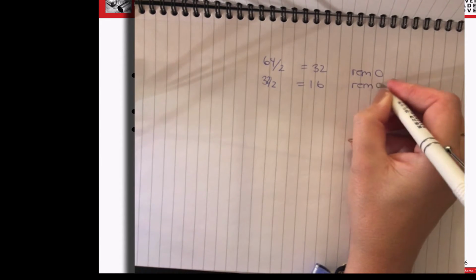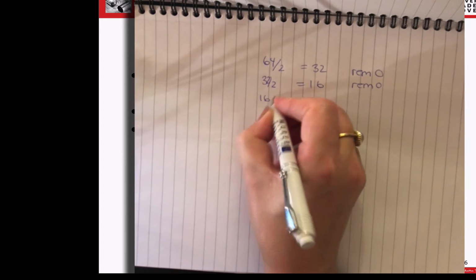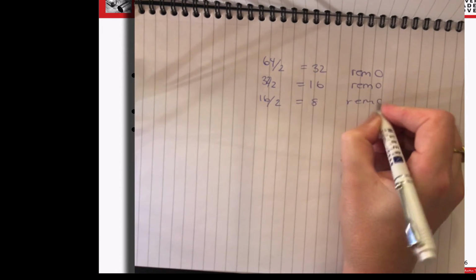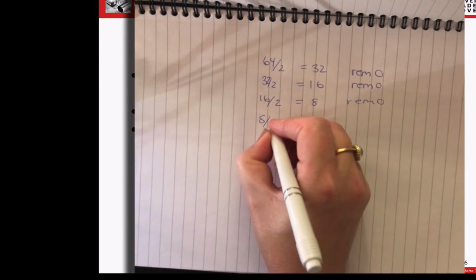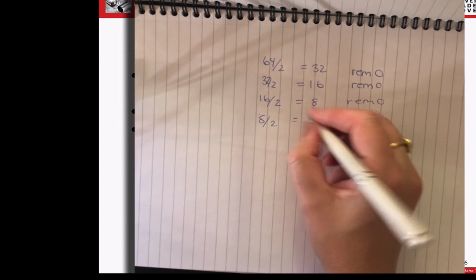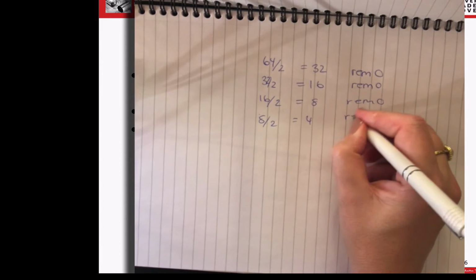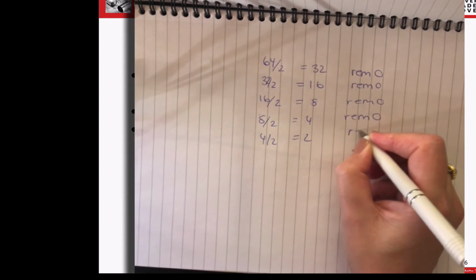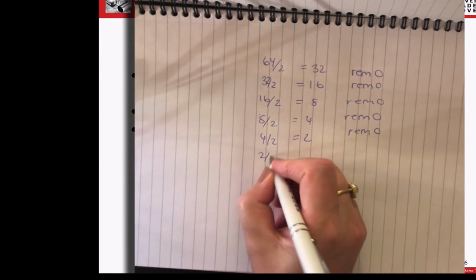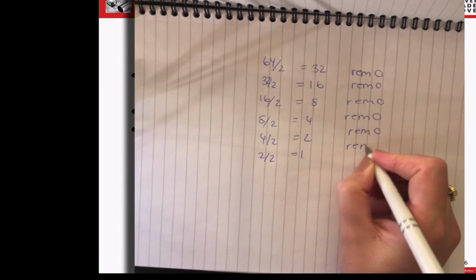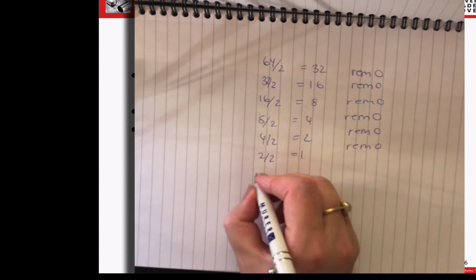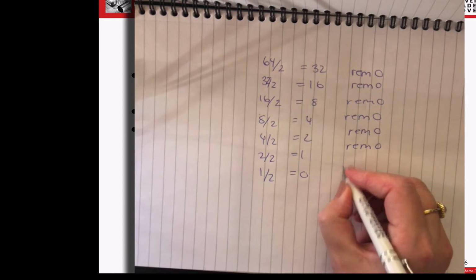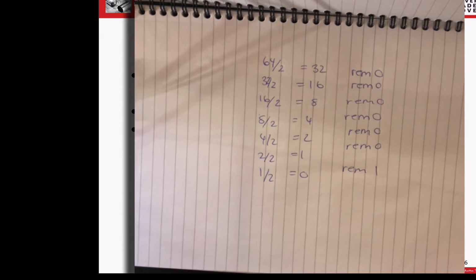Again, remainder of 0. 16 divided by 2 is 8 and remainder of 0. 8 divided by 2 is 4 and a remainder of 0. 4 divided by 2 is 2 and a remainder of 0. 2 divided by 2 is 1, and again a full number. And 1 divided by 2 is 0, and here I get a remainder of 1.